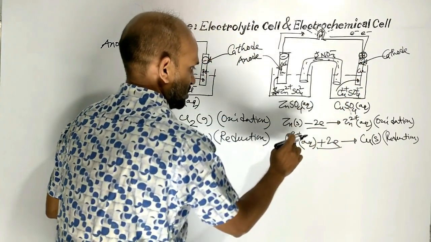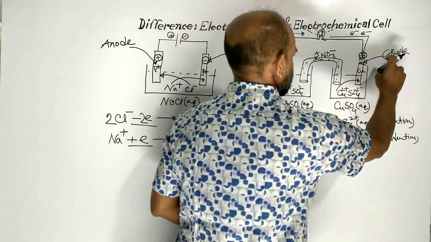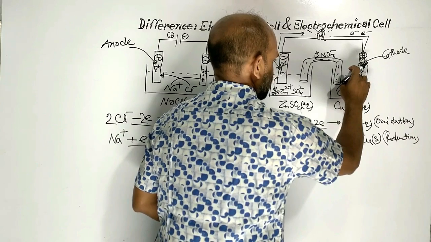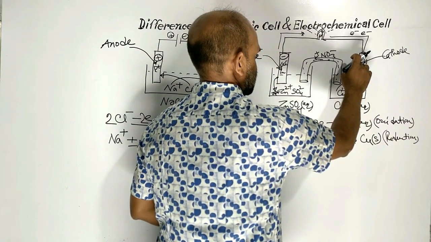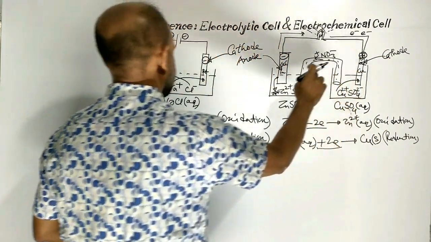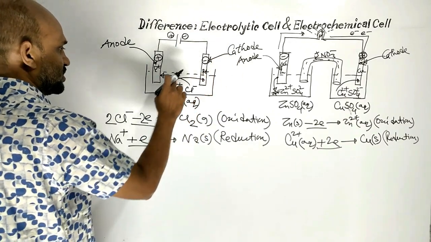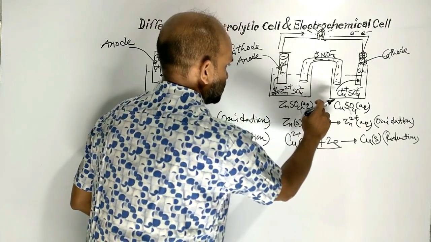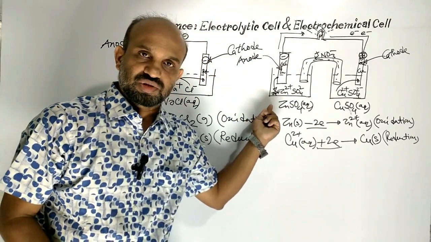So this reduction reaction occurs here for this reason. This is cathode. Here cathode is positive in charge. Here cathode is negative in charge. In case of electrolytic cell, no salt bridge. But in case of electrochemical cell, salt bridge is used.